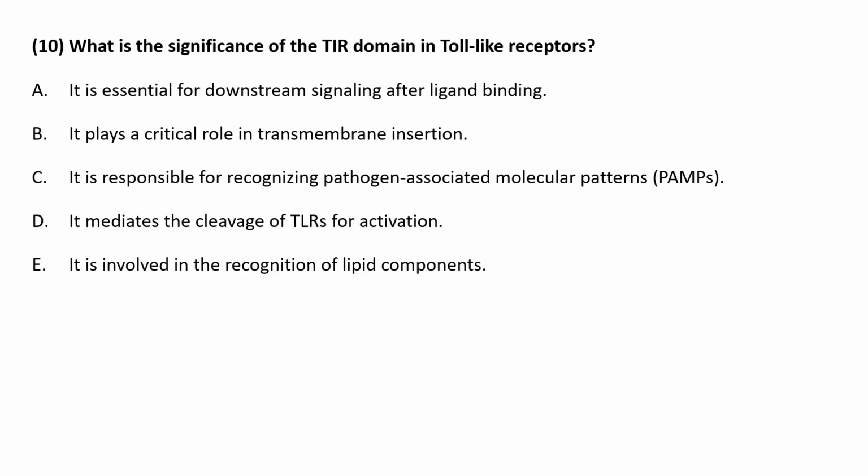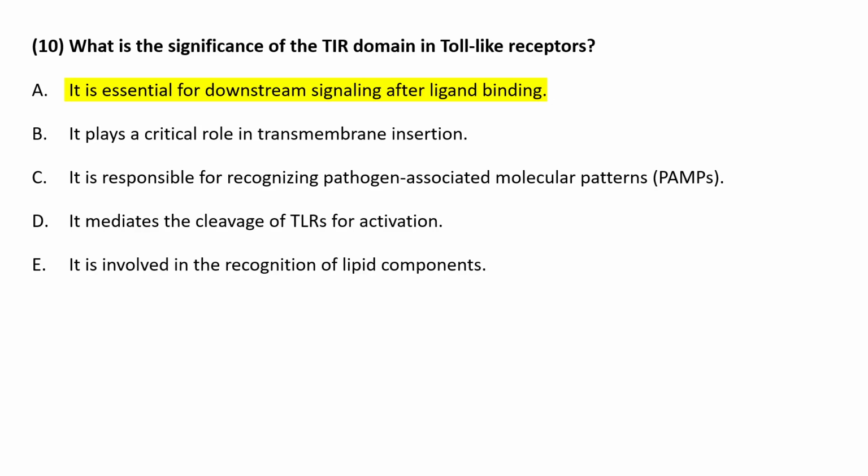The last question was, what is the significance of the TIR domain in toll-like receptor? It is essential for downstream signaling after the ligand binding. So what is this TIR domain in toll-like receptor?